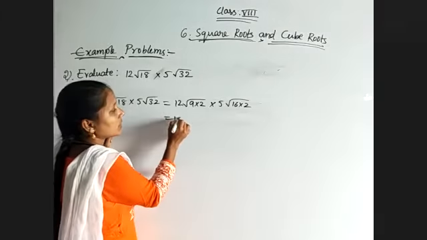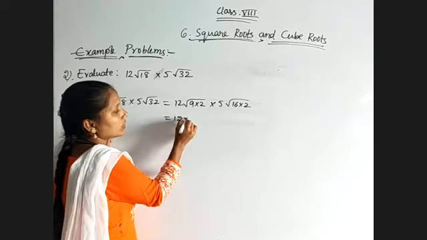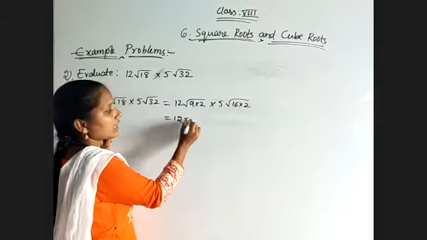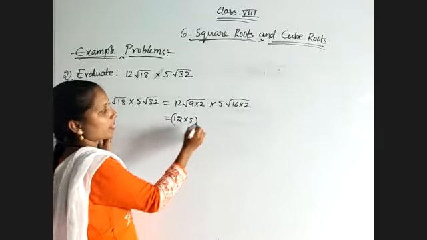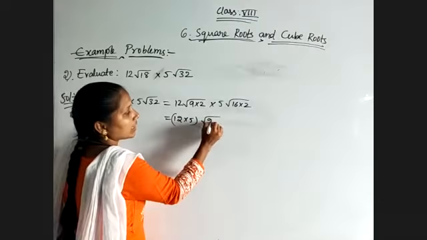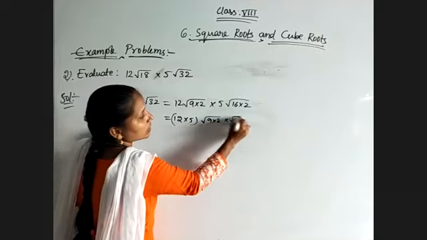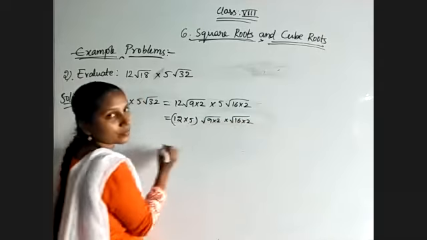Now coming to the next, 12 into 5 are already outside. Okay, then root 9 into 2 into root 16 into 2. We'll write like this.